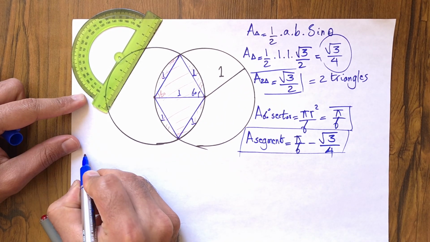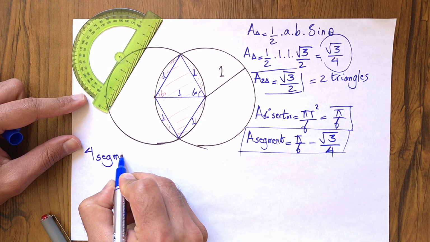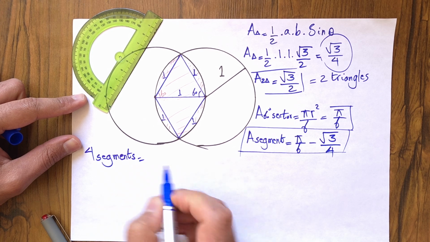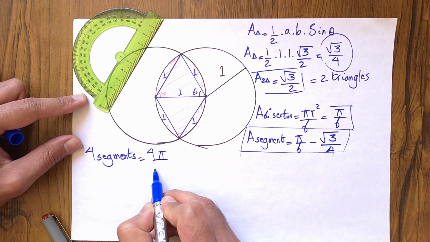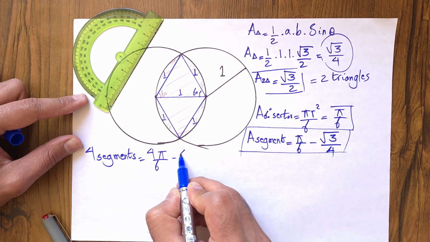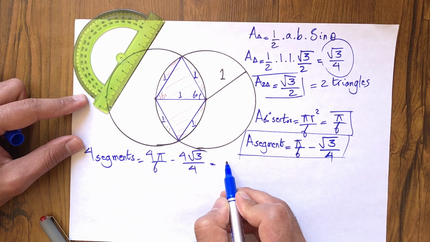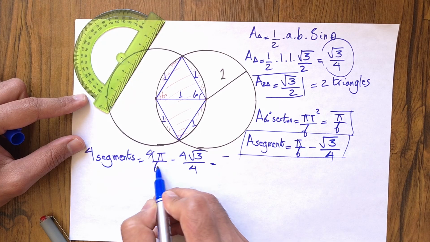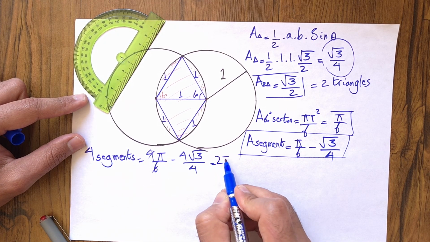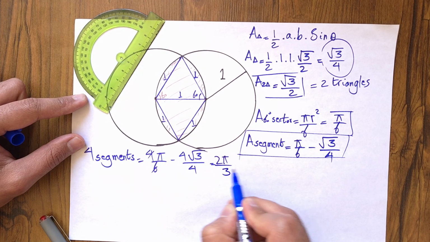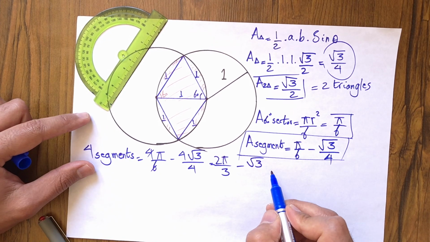So the area of the 4 segments equals 4 times pi over 6 minus 4 times root 3 over 4. Let's simplify that: 2 pi over 3 minus root 3.